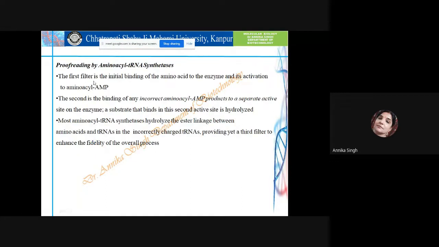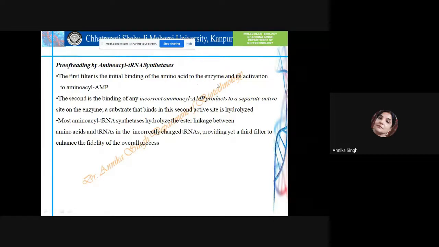This amino acyl transfer RNA synthetase possesses proofreading, and it checks the incorporation of the correct amino acid in the protein by 3 different types of filter. The first filter is the initial binding of the amino acid to the enzyme and its activation.